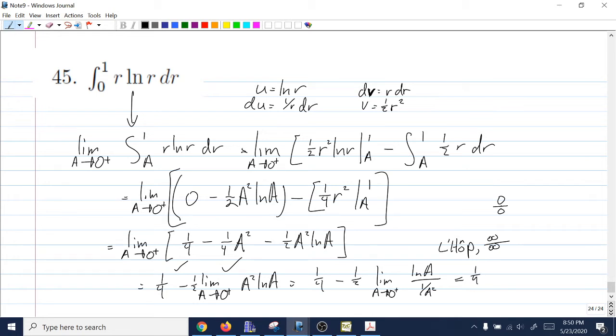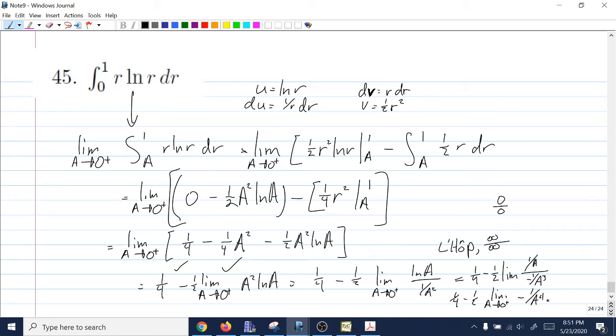This is a fourth minus a half. Now it's the limit of 1 over a over negative 1 over a cubed. What do you get when you plug this into 0? This is the limit as a approaches 0 from the right of negative 1 over a to the fourth. That's 1 over 0.